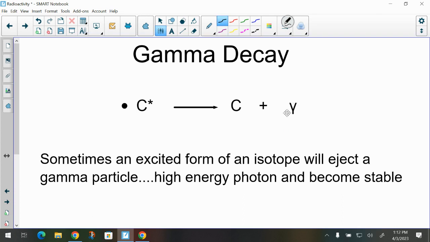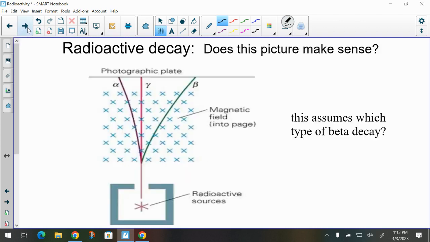These are the ones that are super high energy. They interact with your DNA. The sun does this a lot. It has excited atoms that kick out a gamma particle, and it goes back to being a stable element. Again, this is pretty complicated. We might mention this a little bit later, but gamma is very dangerous. This is what they use for radiation, for chemotherapy. They'll usually use gamma particles.